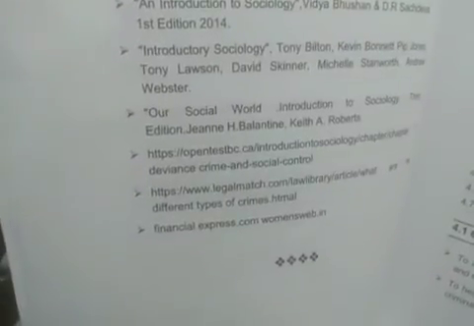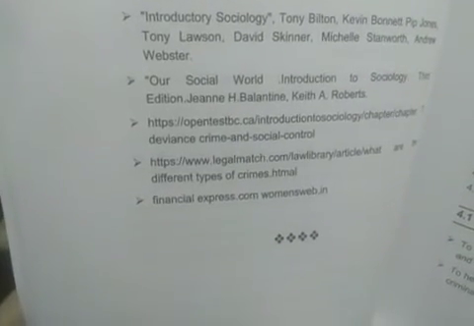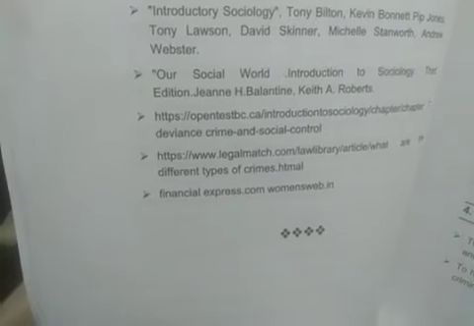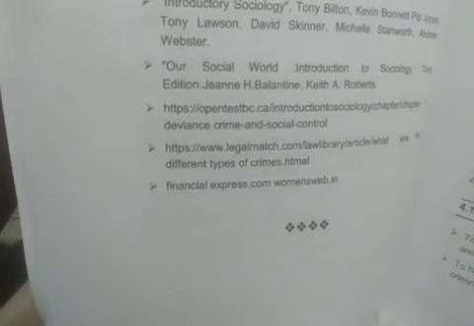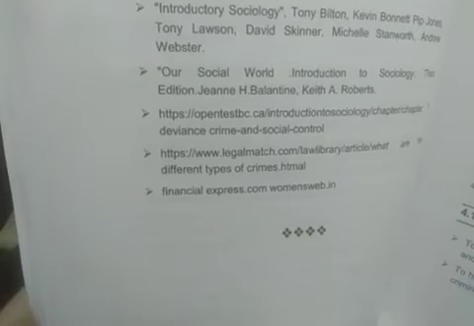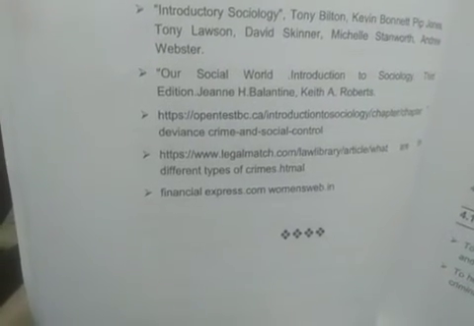3.9 References. Anthony Giddens, Sociology, 5th edition, and Introductory Sociology, Vidyabhushan and Dr. Sachdeva, 1st edition 2014. Introductory Sociology, Tony Bilton, Kevin Bonnett, Pip Jones, Tony Lawson, David Skinner, Michelle Stanworth, Andrew Webster.